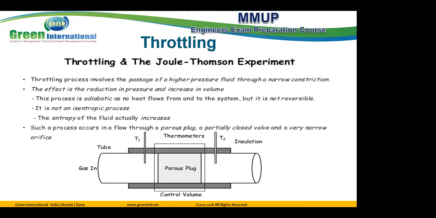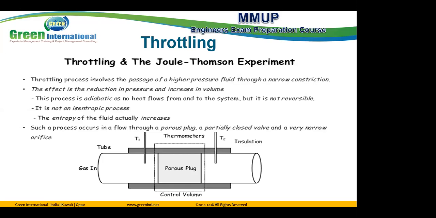Throttling process. What is the throttling process actually? By definition, as you see here, there is a pipe like this and this porous plate, like a honeycomb, a plate including very narrow holes. So the throttling process involves the passage of a higher pressure fluid through a narrow constriction. What happens after the fluid passes these narrow holes?